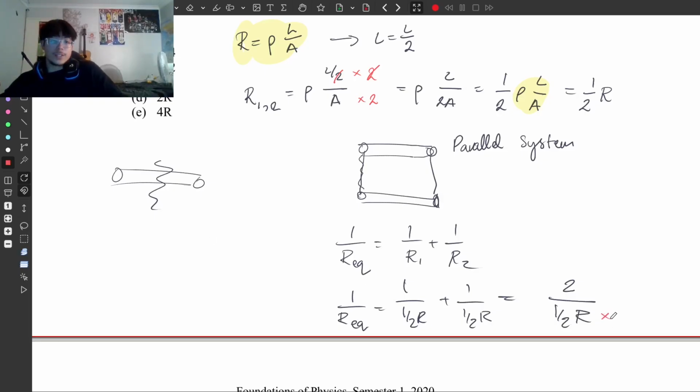And then we can times both up and down by 2, because doing this multiplication is the same as timesing it by 1. It doesn't change anything. This half cancels with this, and we're left with 4 on R.